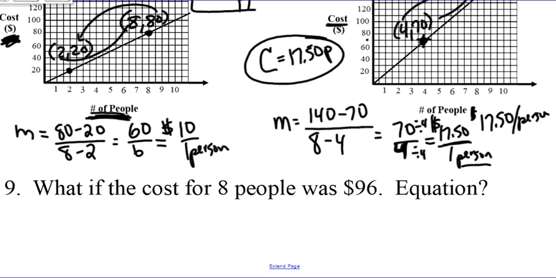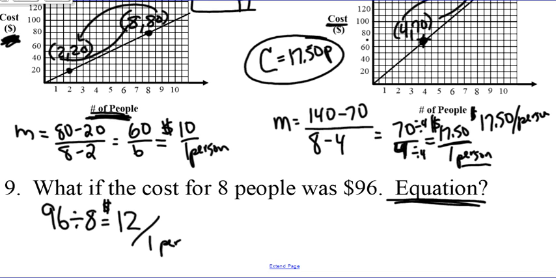So another question: what if the cost for 8 people was $96? How could we come up with an equation for that? Well, our equation requires us to know the slope, which is the change for one person. So if I took my $96 and divided by 8 people, we would know that that's $12 for one person.